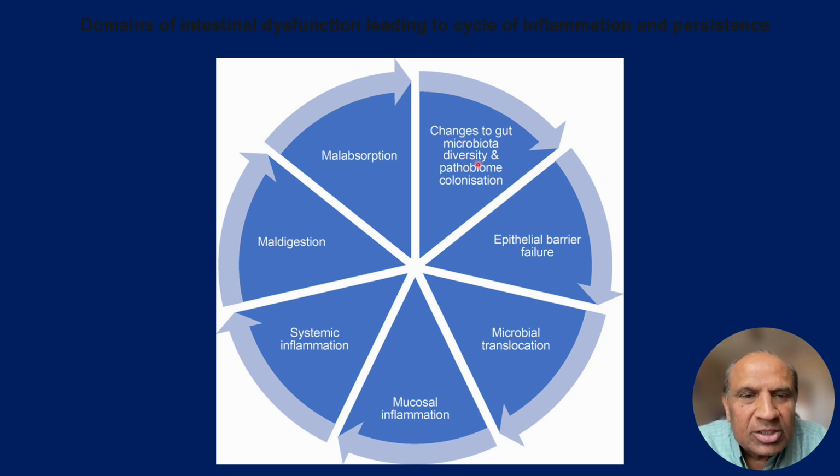Because there is change to either intestinal microbiota or change in mucus layer or any other pathologic condition, there is increased intestinal permeability from epithelial barrier failure that leads to microbial translocation that causes mucosal inflammation in the intestine that leads to systemic inflammation, sometimes leading to maldigestion, malabsorption, malnutrition, and continuing this cycle of increased intestinal permeability causing damage.